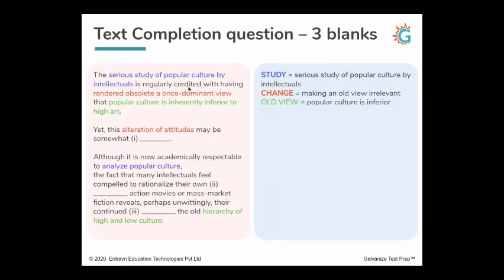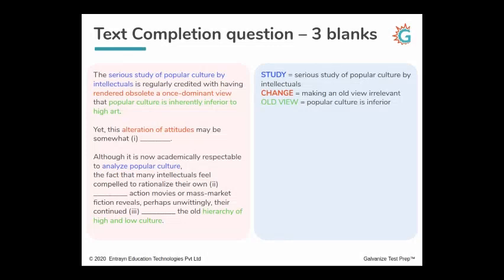The serious study of popular culture is reduced to study. The study is regularly credited with having made a change to the old view. Now here, alteration of attitudes means the same thing as rendering obsolete a once dominant view. This is the relationship I talked about before. There will be a lot of connections, a lot of repetitions without you even noticing it.